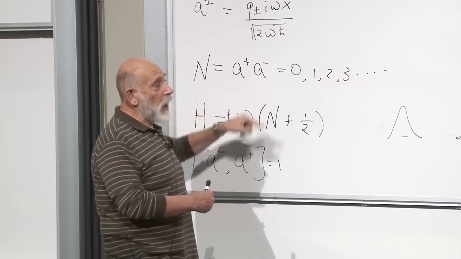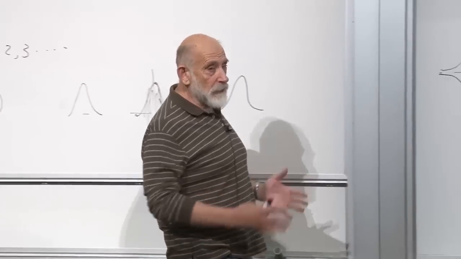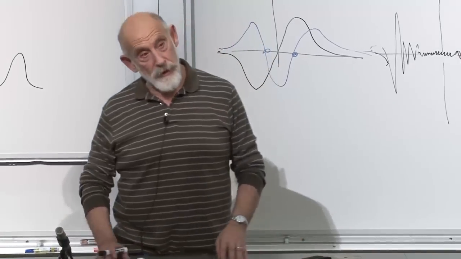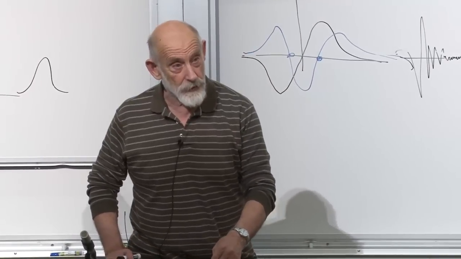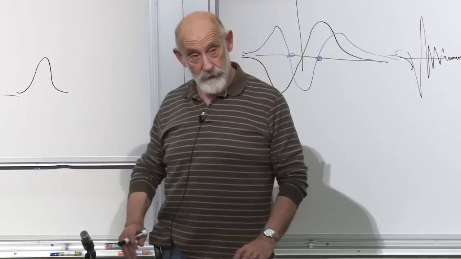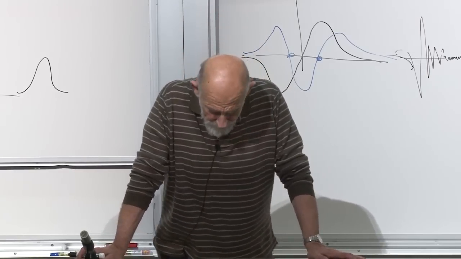If you were to take a wider class of wave functions that were not square integrable, then A plus and A minus would not be Hermitian conjugates of each other. That's where it's assumed. And I did assume that.